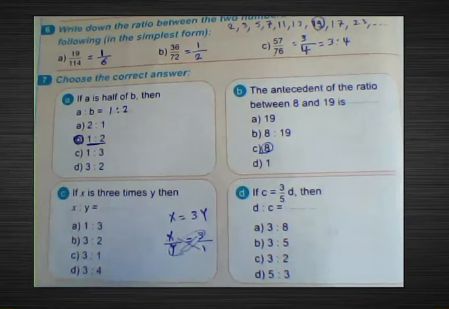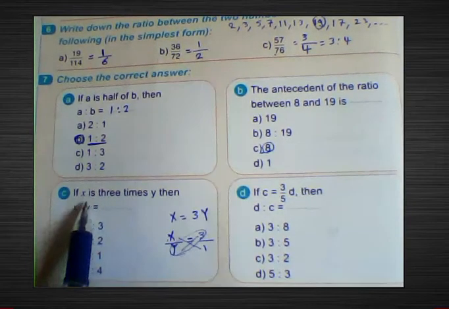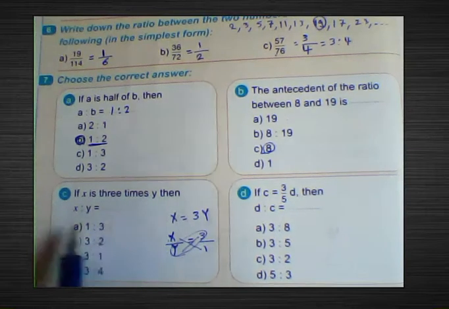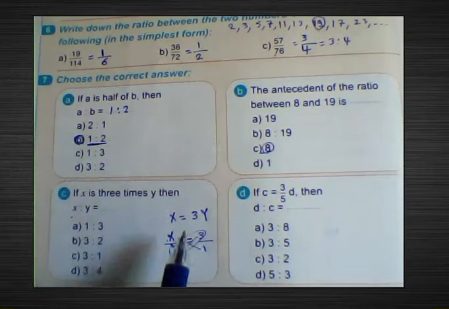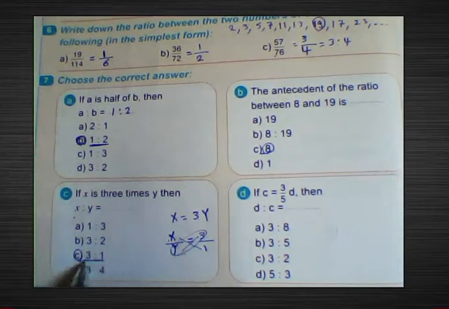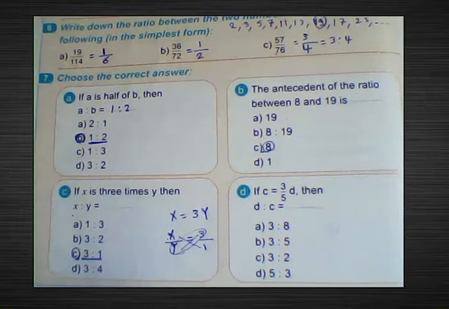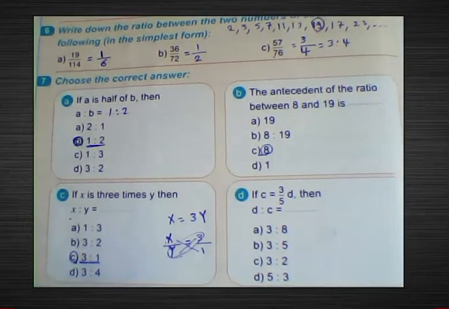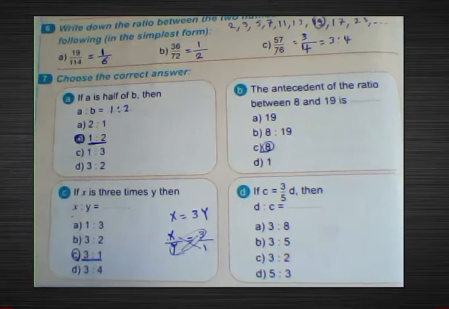So if x is 3 times y, then x to y equals 3 to 1. Letter C, we'll choose it. Again, if x is 3 times y, then x to y equals 3 to 1.